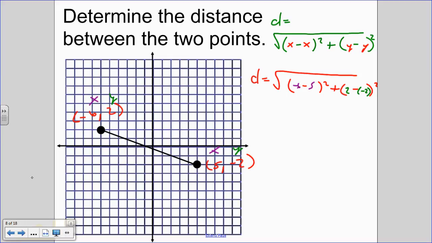So that's one way. Another way, when you have the actual graph itself, is to form a right triangle. Sorry, it's not the best right triangle, but it should be better if you actually have pencil and paper.